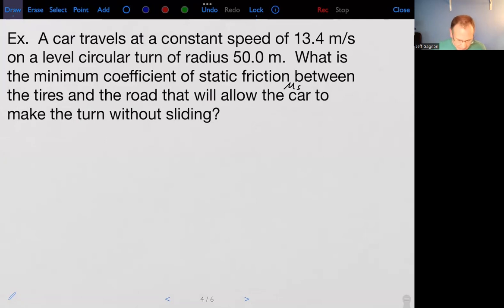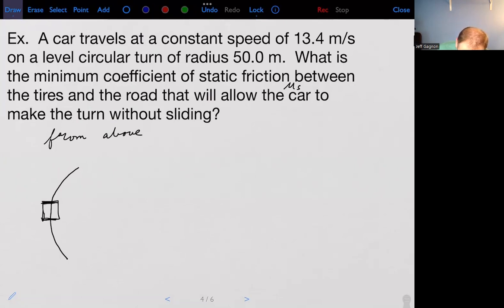Okay, so first of all, just to get an idea of what's going on, let's draw a picture. I'm going to draw a picture looking from above first. So we have this car, right? It's traveling around a circular path like this. Let's say it's right on the left-hand side at the instant.